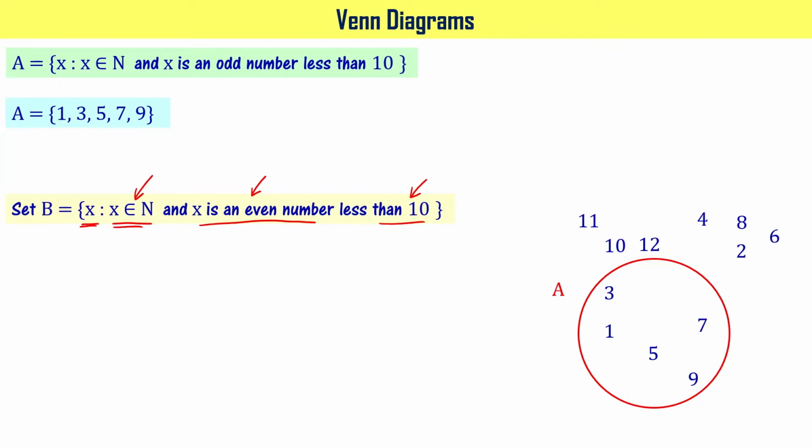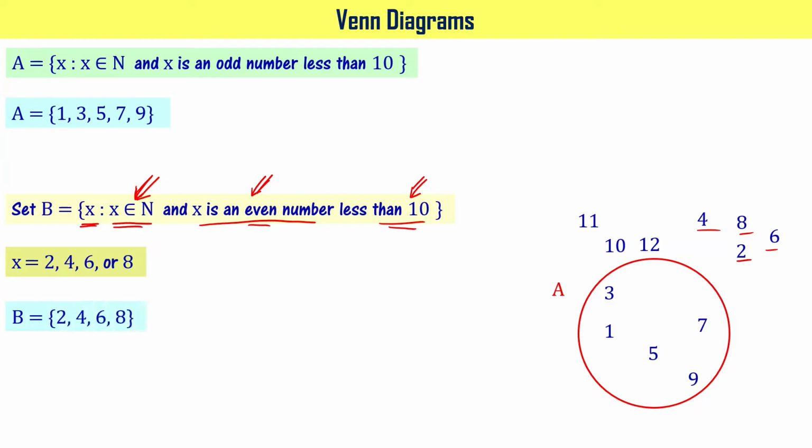So it has to be an even number, meaning 2 is a natural number and it is an even number and less than 10 also, right? Like that you have 4, 6 and 8. These are the 4 numbers which are less than 10, even numbers, and they belong to natural numbers also, right? These are the elements of set B.